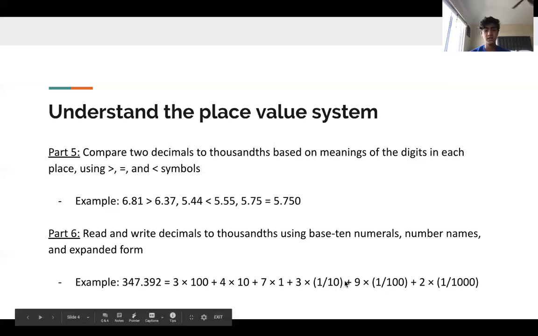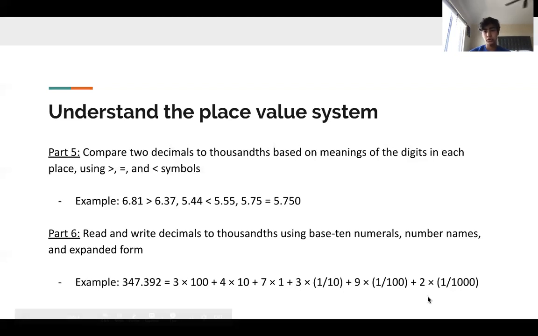So we do 9 times 1/100, which will give us 347.39. Finally, we go to the thousandths place when we multiply 2 by 1 over 1000, and we get 347.392. Just in summary, understand that you have to represent every single digit by its place, right? So we started at the hundreds place, then we went to the tens place, then the ones, the tenths, the hundredths, and then the thousandths. So understand expanded form, you have to include all of those steps.